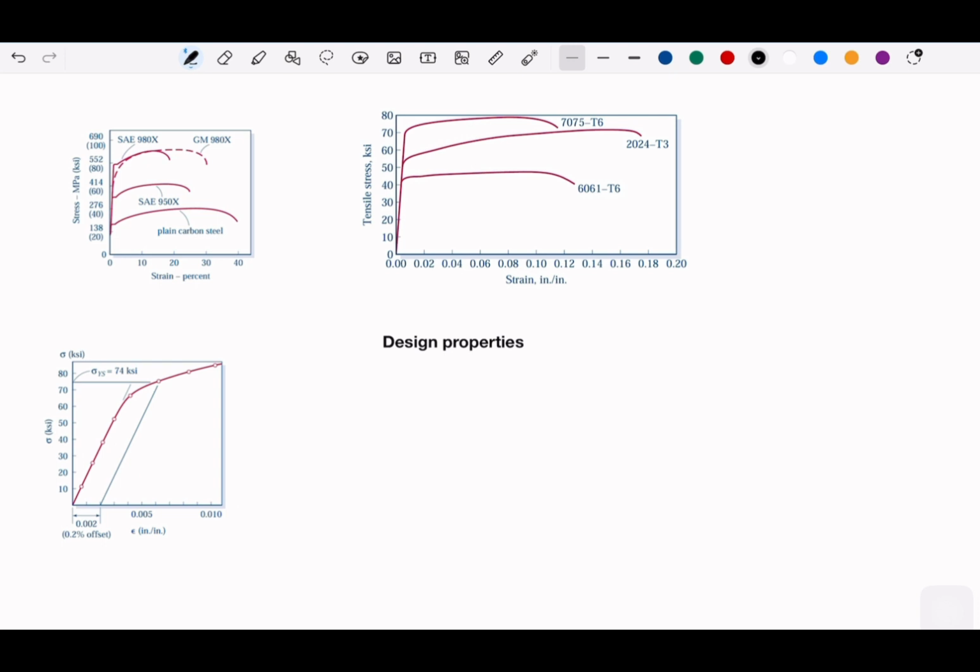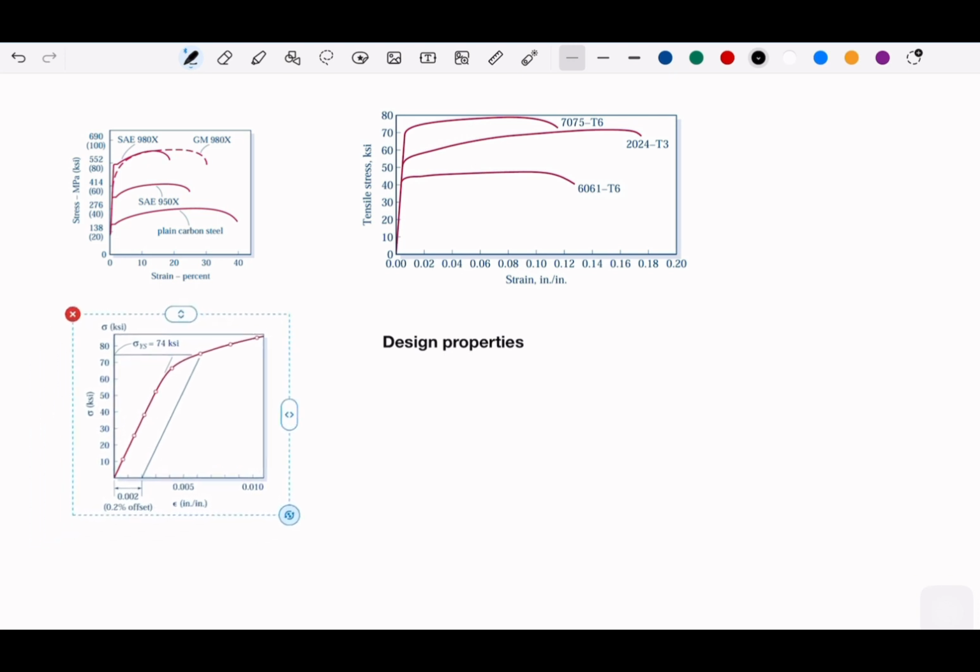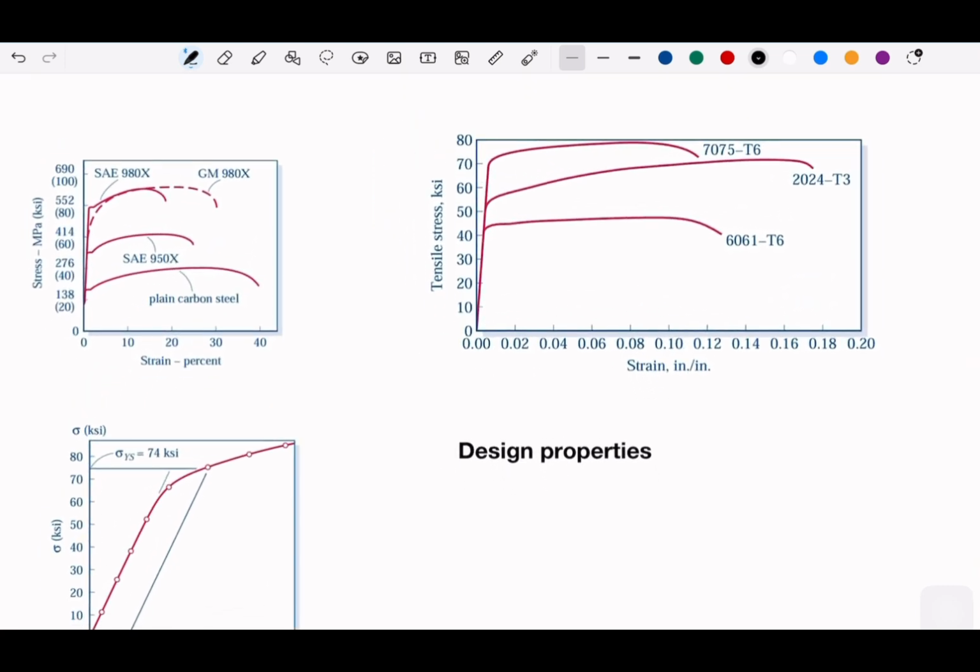While we are trying to summarize, this is another example, and I think they are using a different unit. This is using KSI, the British and somehow the American units.